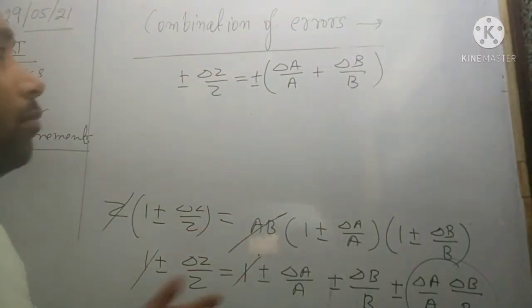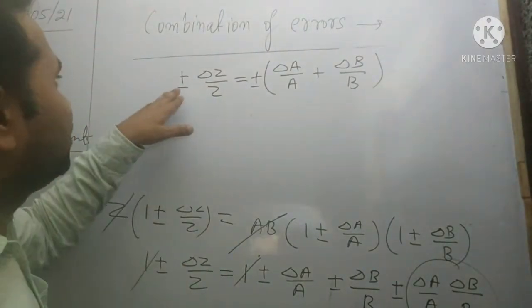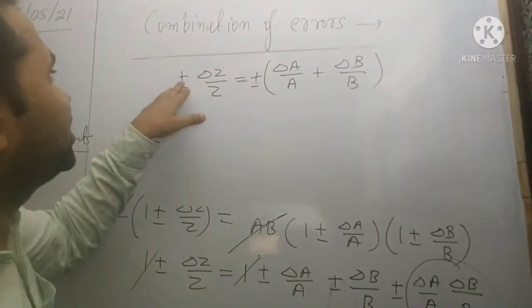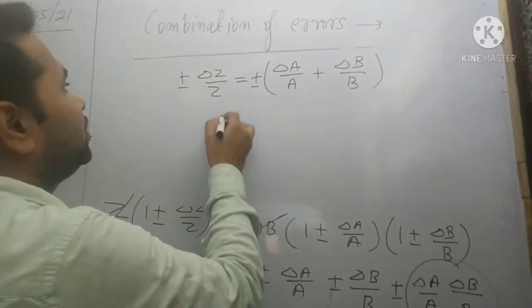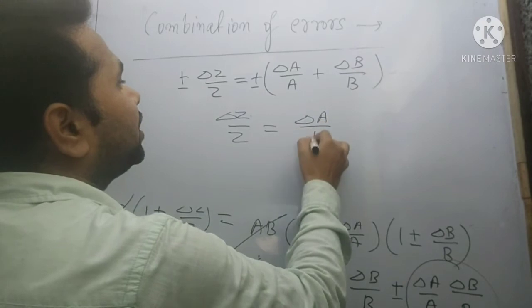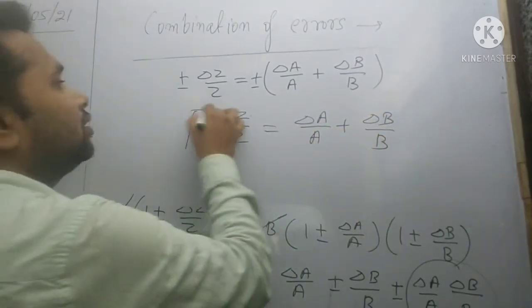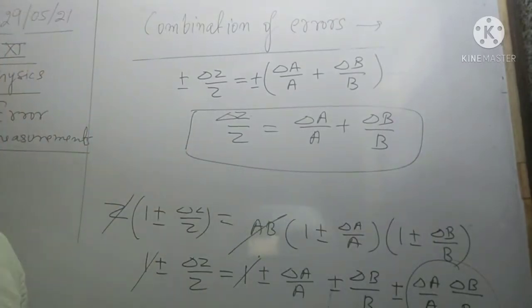या मैक्सिमम, अब देखो मैक्सिमम एरर बोलेंगे तो we should avoid the minus, we have to express in positive only. So this is delta z by z equals to delta a by a plus delta b by b. This is the result for product.